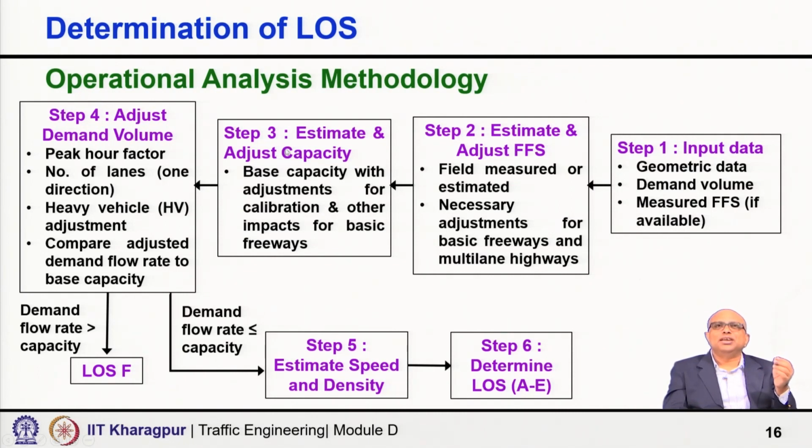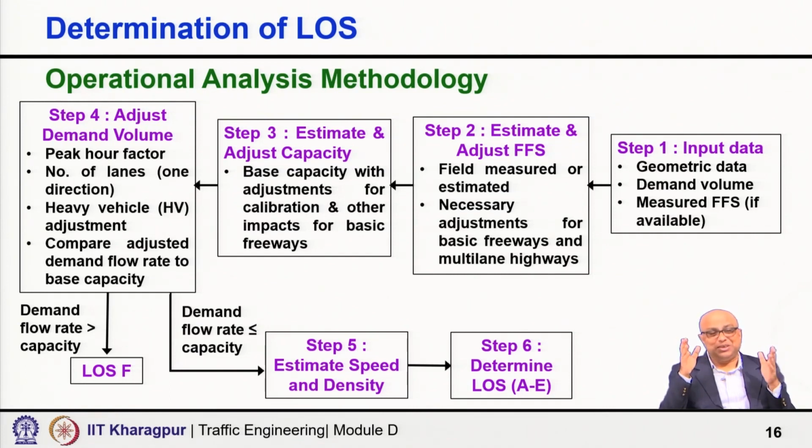Then in step 3, we estimate the capacity and also adjust the capacity to reflect other factors, and then adjust the demand volumes, because all what we have said earlier is for the base condition.